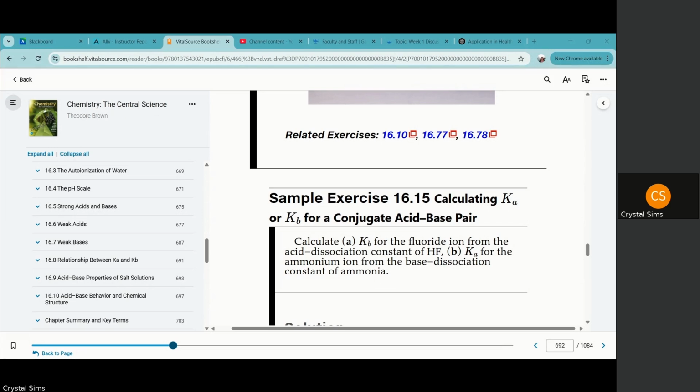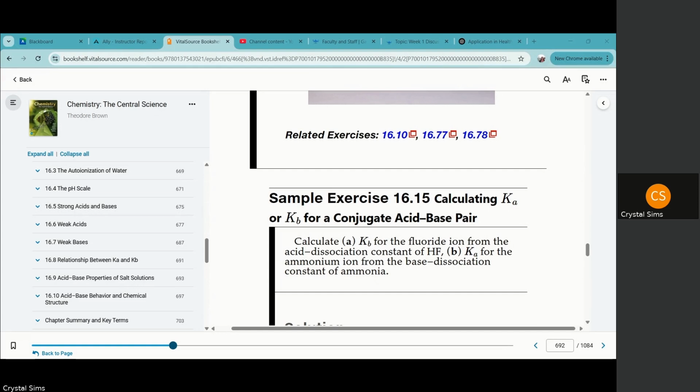Now, we can use our ion product constant of water, remember Kw, we looked at that in the last video. We can use that to help us find Ka and Kb values for conjugate acid-base pairs.